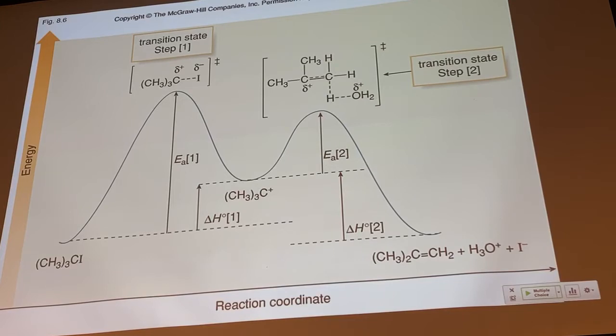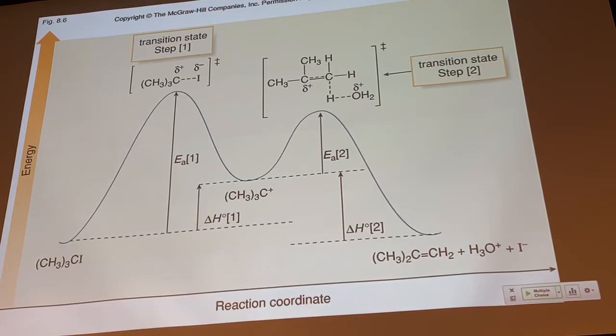Okay, so we're forming a carbocation in our rate determining step, and we know that more substituted carbocations are more stable. Because of Hammond's postulate, we say that this transition state closely resembles a carbocation. So the more substituted transition state will be lower in energy than the less substituted transition state.